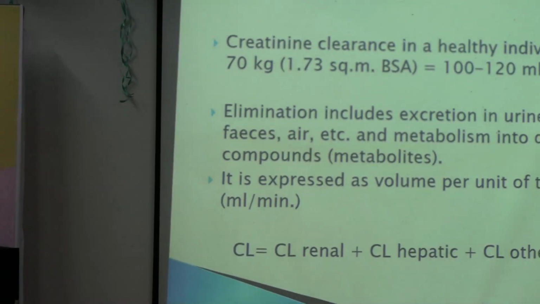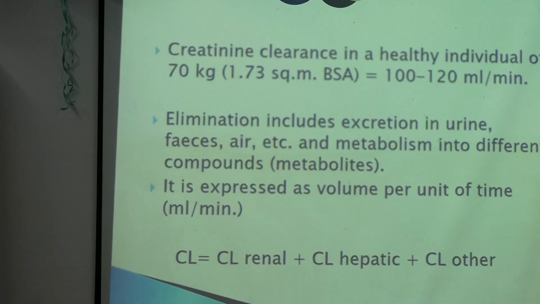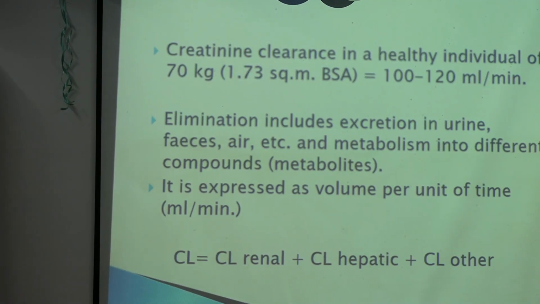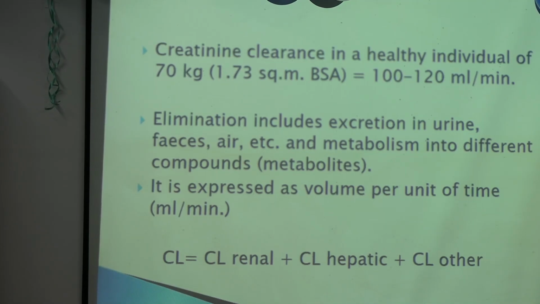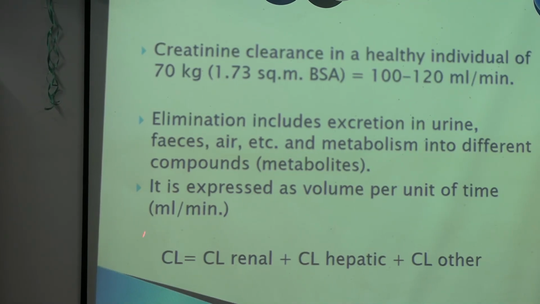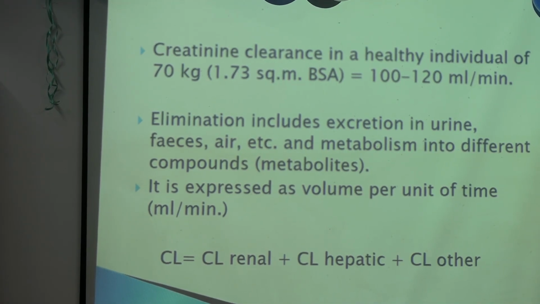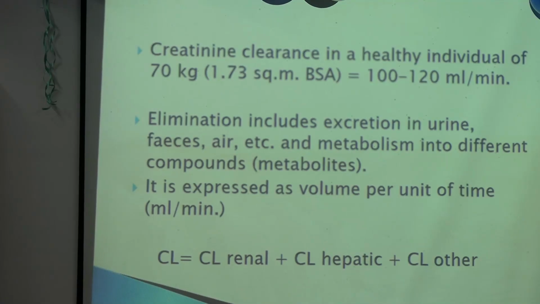If the patient has other dysfunction like hepatic dysfunction, then the total clearance will be the renal clearance plus hepatic clearance and other clearances. So this will be the total, and it will be expressed in ml per minute.